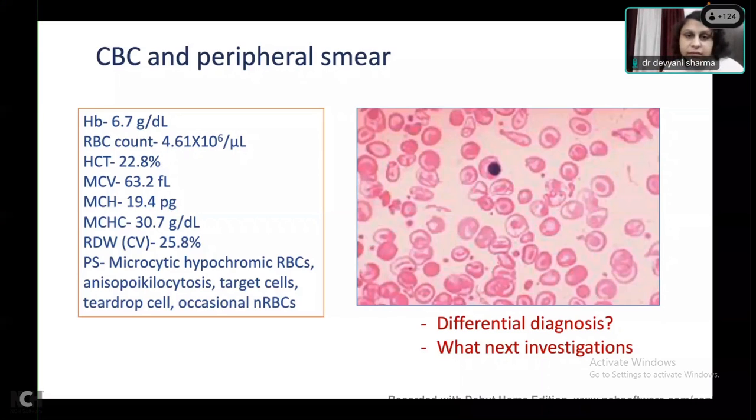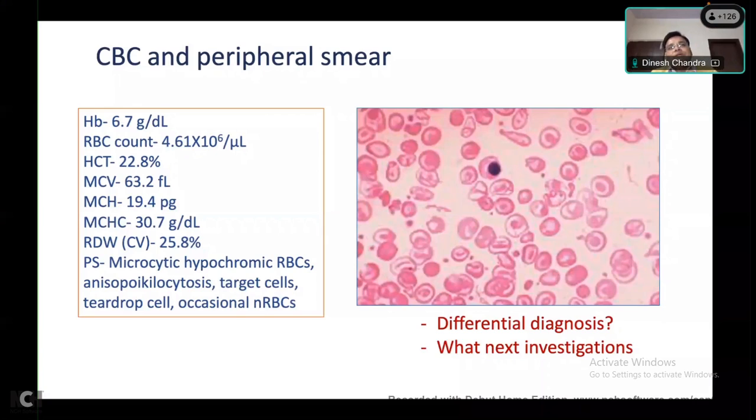Sir, just because the Mentzer index is 13.7, still we can go for iron profile of the patient to see the level of TIBC and transferrin, even though it is pointing to most probably a hemoglobinopathy.